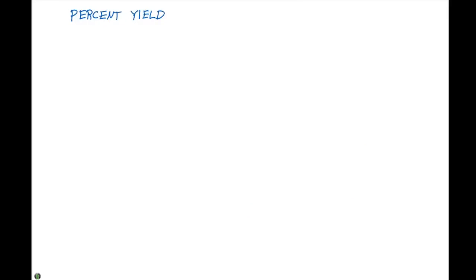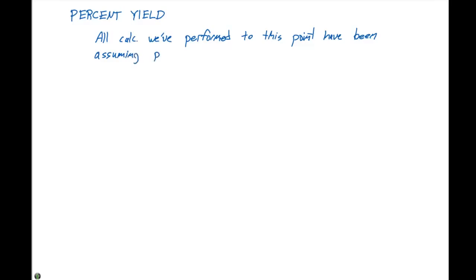The last topic we're going to tackle in this section of the textbook is called percent yield. All calculations we've performed to this point have been assuming perfect, ideal conditions.